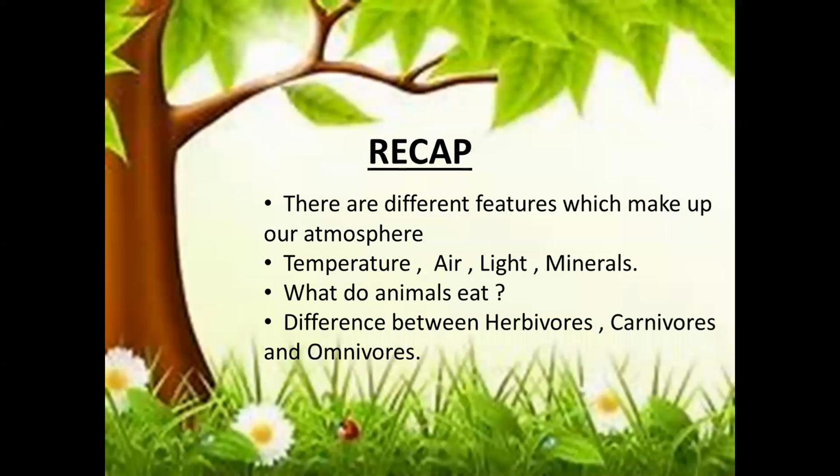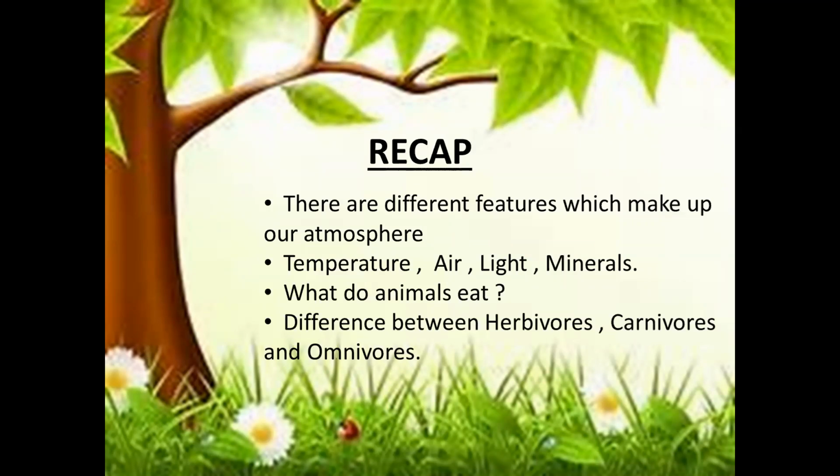Then we learned about what animals eat. That depends upon the need of the animal, what type of food they need, and how they can eat that food. And last but not the least, you learned very clearly about the difference between herbivores, carnivores, and omnivores.